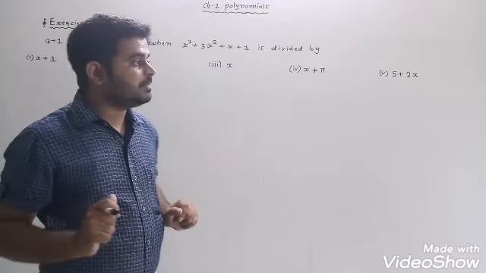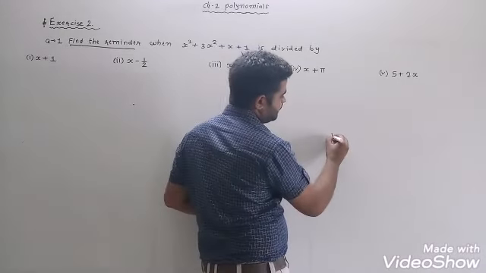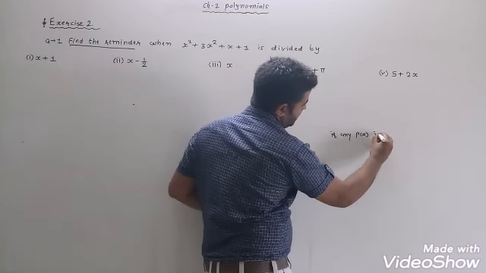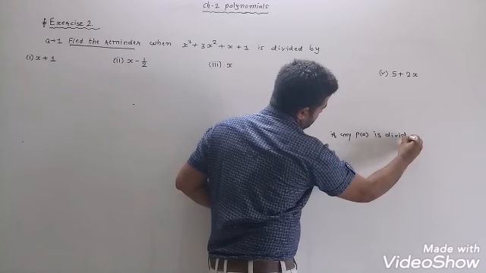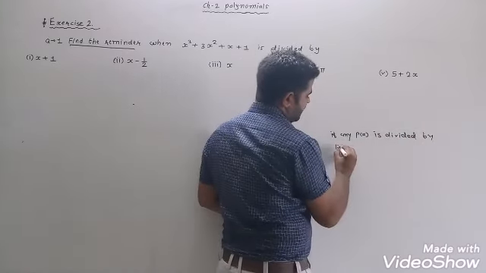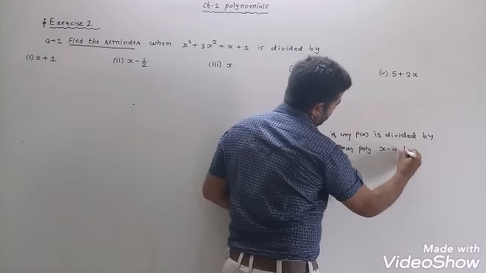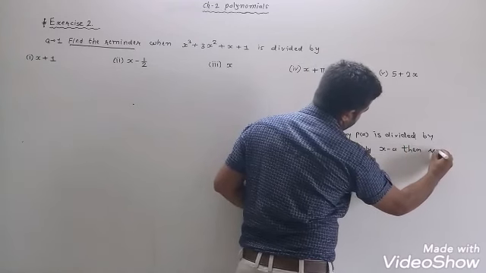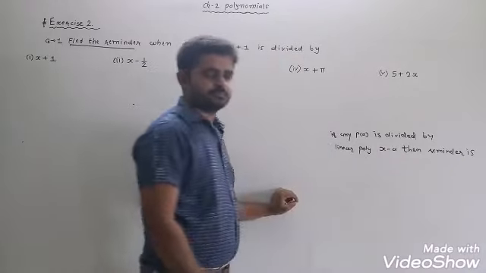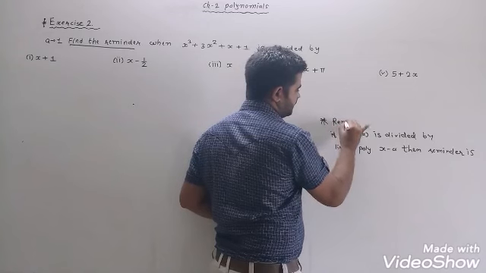And according to the remainder theorem, if you remember, if any polynomial p of x is divided by a linear polynomial x minus a, then the remainder is... it is the remainder theorem.